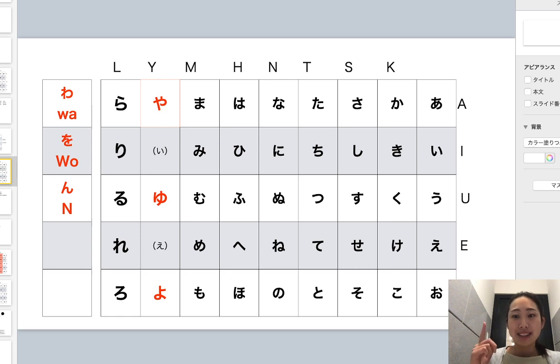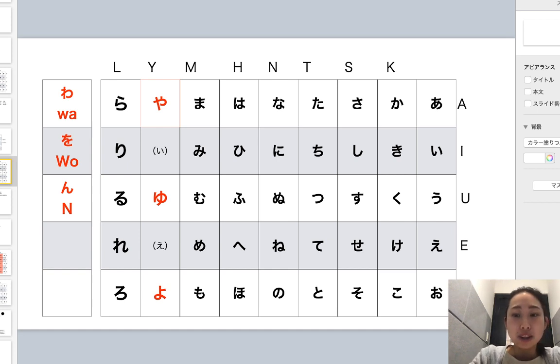From a, i, u, e, o, and then the consonants go ka, sa, ta, na, ha, ma, ya, ra, wa. And last time we talked about ya, yu, yo. These are some kind of exception, so they don't have i sounds and e sounds because they have it for a vowel already.